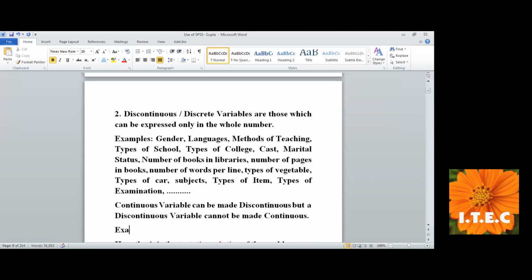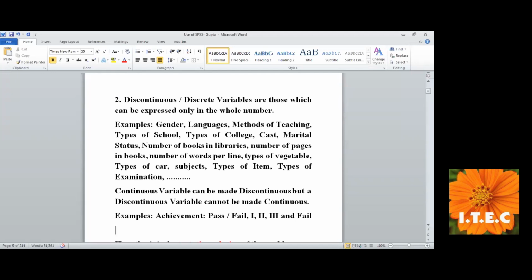Example, you have achievement. You say pass or fail. You have first division, second division, third division, and fail. You have temperature.